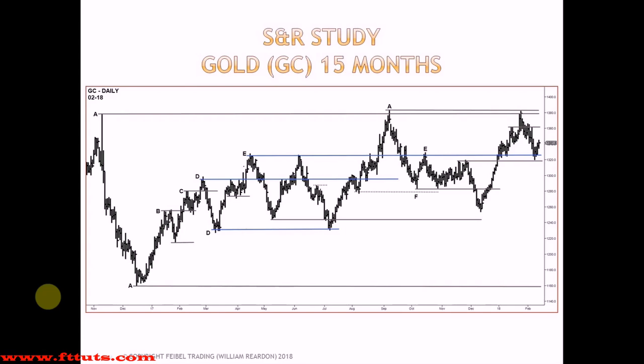Okay, the normal use would be from this high, okay, this high, and this low here. So if we just skip back, so we have the highs of E, D, and the low of D, and I will draw them here, the blue lines, just under.